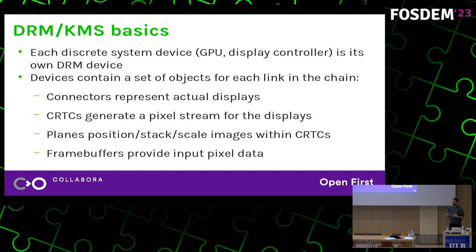They generate a pixel stream for the displays. So any kind of scaling, cropping, compositing is done in the CRTC space. CRTCs are just a combination of planes. Planes take frame buffers, they can scale, they can be positioned within a CRTC, they can be stacked, and then the CRTC is the one that combines them.